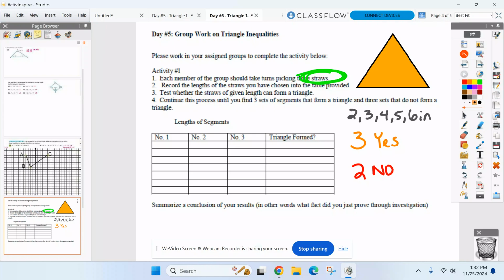Pick 3, jot it down, see if it forms a triangle. I need 3 yeses and 2 nos before we move on. Let's go 1, 4, 6. If there's controversy, let me know and I'll tell you if it should or not.